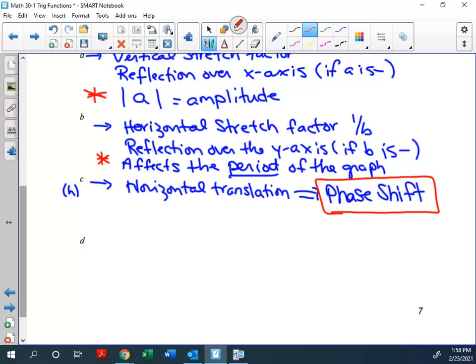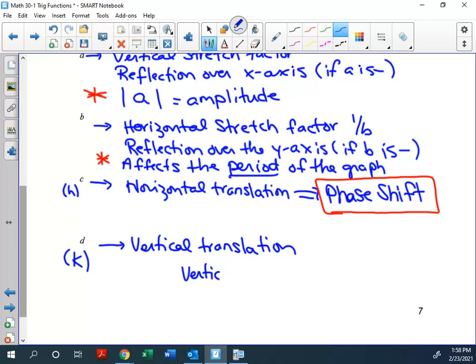You're going to read it. You're going to start seeing in our tests we say a phase shift of, and a phase shift of. So that's kind of what happens there. D still operates the same way K does. It is still the vertical translation. And this one I don't understand as well. In trig, we call it a vertical displacement.